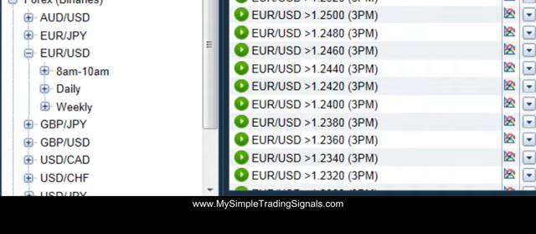Now, how Nadex works, unlike some of the overseas unregulated binary options brokers, is you're buying a contract. Every contract is going to expire at either $100 or $0. For the daily Euro US dollar, it expires at 3 o'clock.